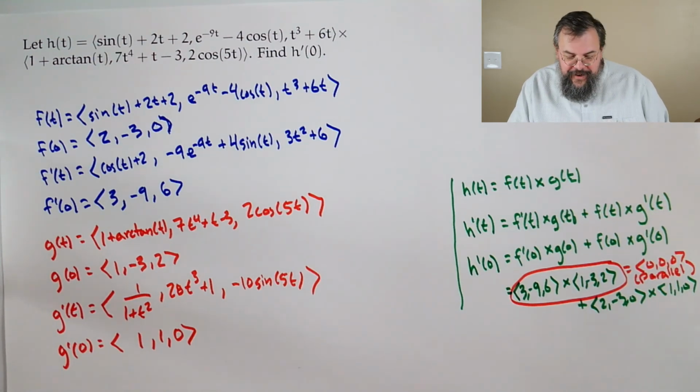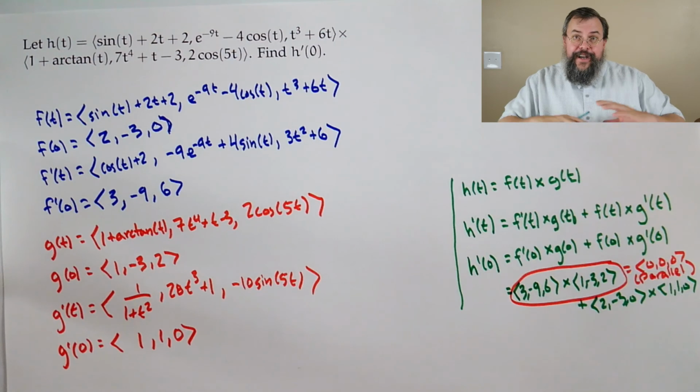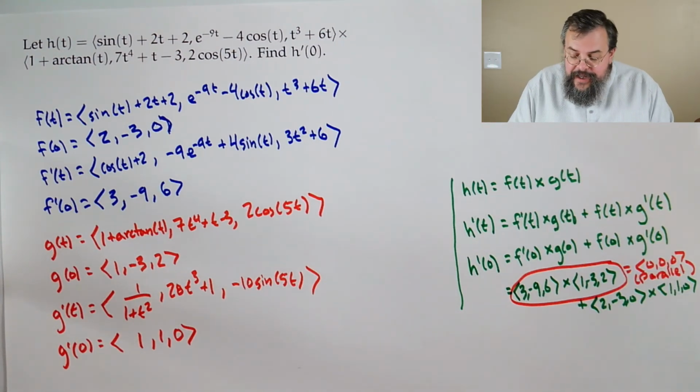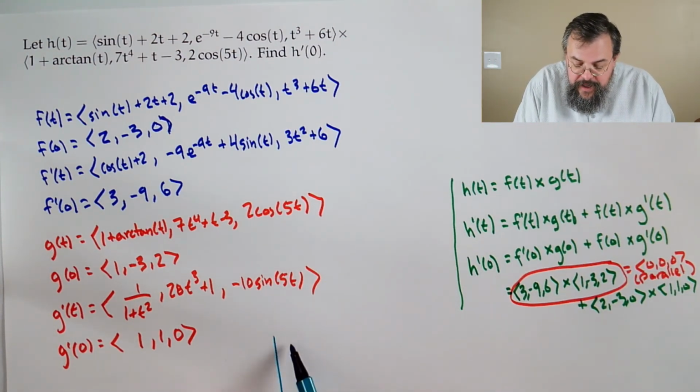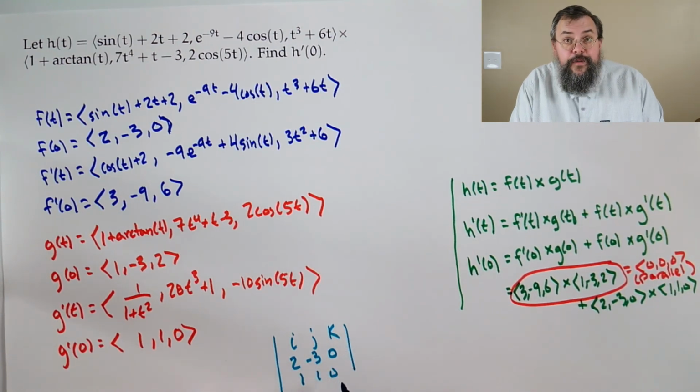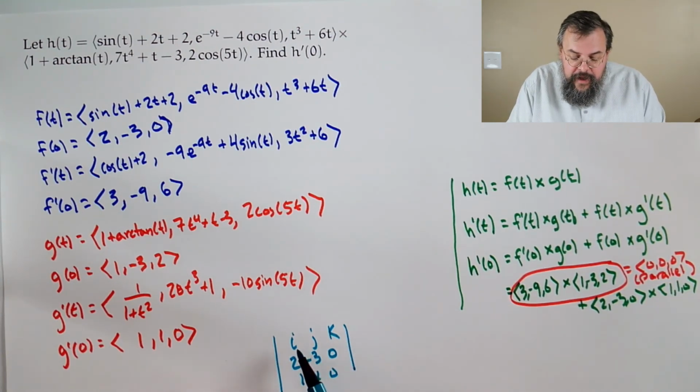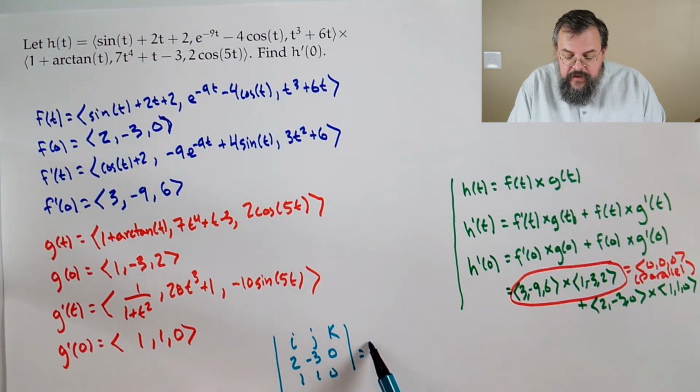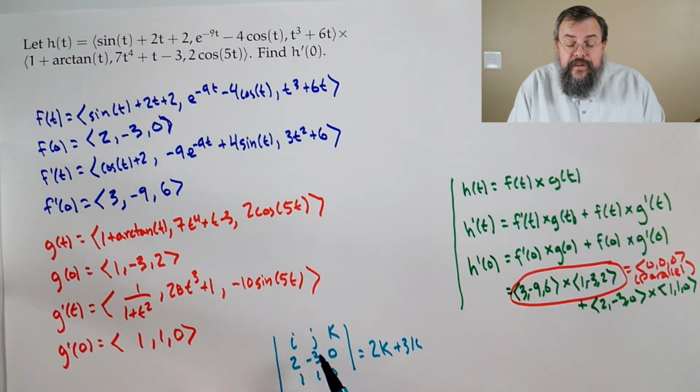Wow. So, it looked at the beginning like we were going to have a cross product nightmare. But at the end, it says, hey, the only cross product we have is the following 2 vectors: 2, negative 3, 0, and 1, 1, 0. And look at those zeros. We like it when there's lots of zeros. Because why? i times negative 3 times 0 is 0. j times 0 times 1, 0. k times 2 times 1 is 2k. 1 times negative 3 times k, minus 3k, but we're going the other direction, so add it. 1 times 0 times i, 0. 0 times 2 times j, 0.